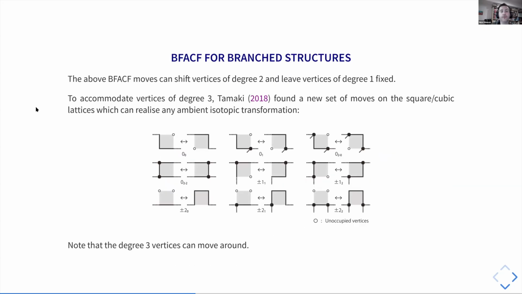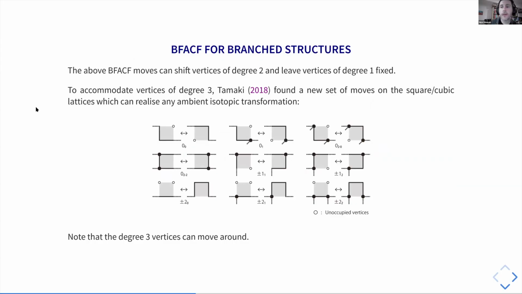Okay. So for theta graphs, things are a bit more complicated because now we've got these vertices of degree 3. And so what we really want to be able to do is move those vertices of degree 3 around. I don't want to have them just fixed in place. That defeats the purpose of the algorithm. I really want to be able to move them around so I can change the lengths of the 3 arms and so on.